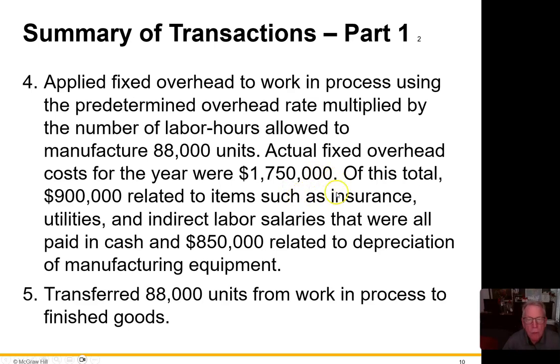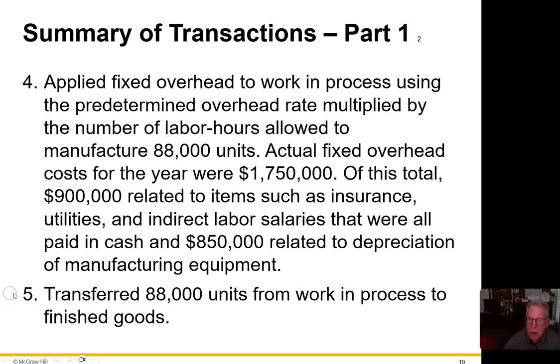Of that total, $900,000 was related to items such as insurance, utilities, and indirect labor salaries that were all paid in cash, and $850,000 related to depreciation of manufacturing equipment.